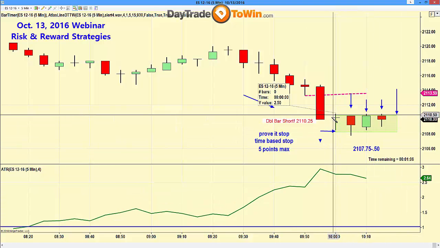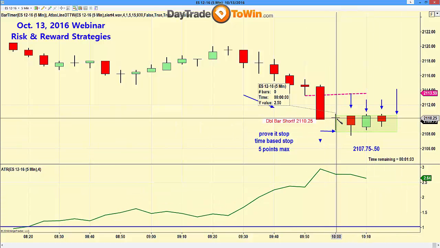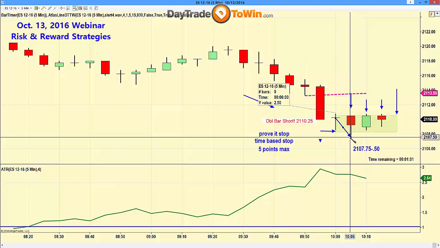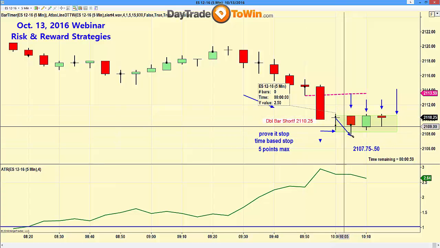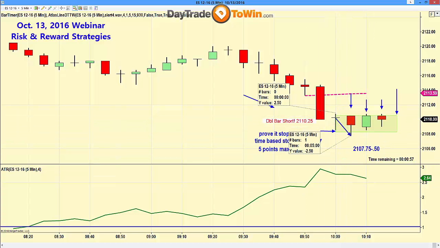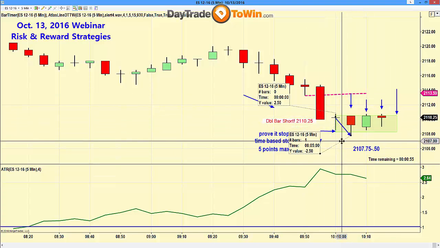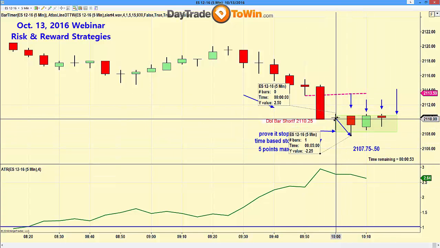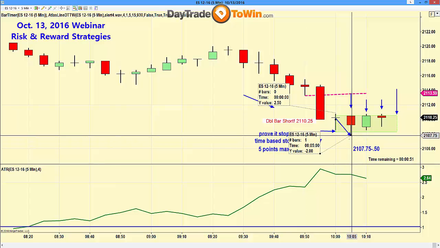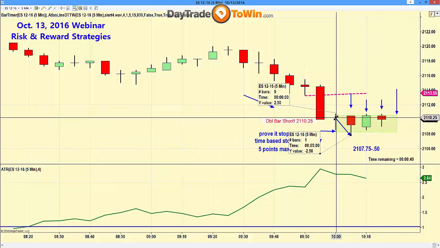The target, when you enter here, made and went to exactly there, which, believe it or not, forecast the exact 2.5 points.